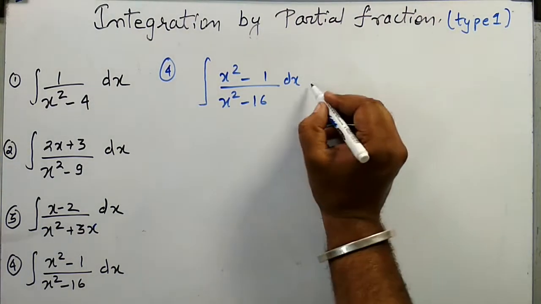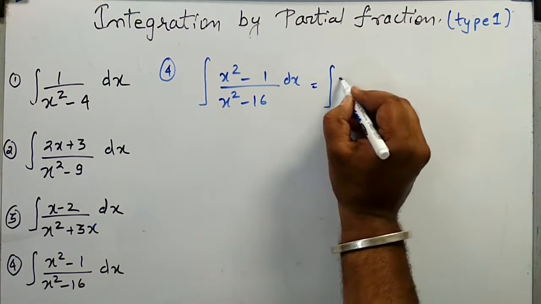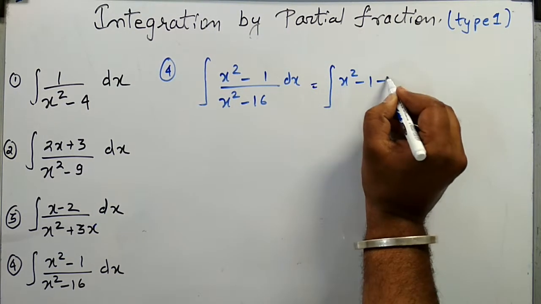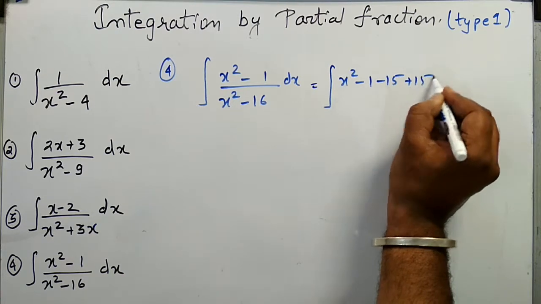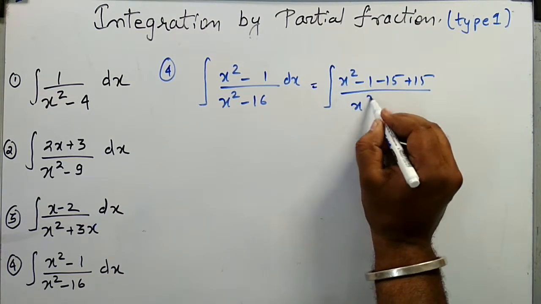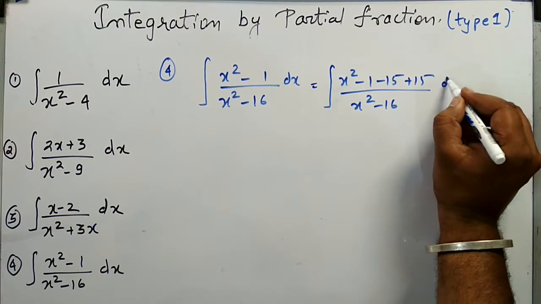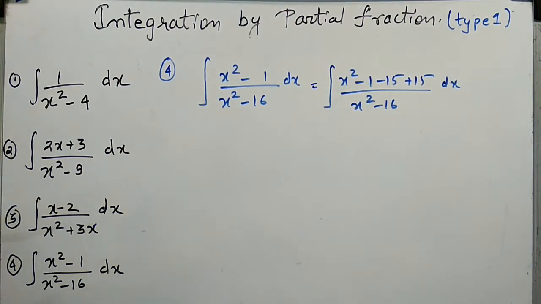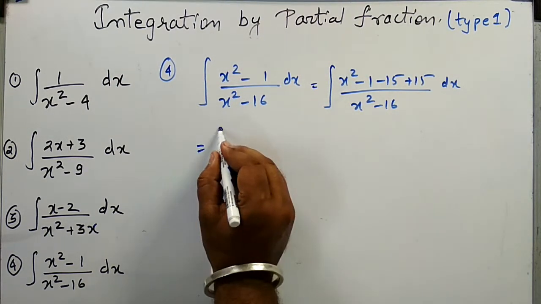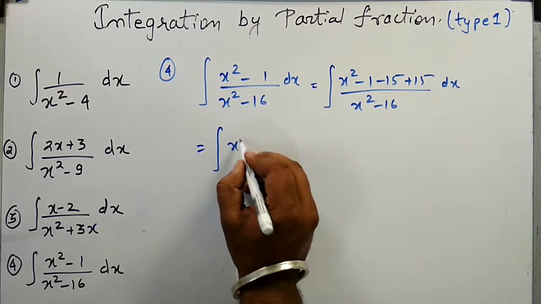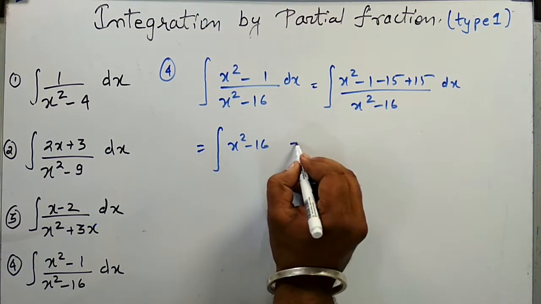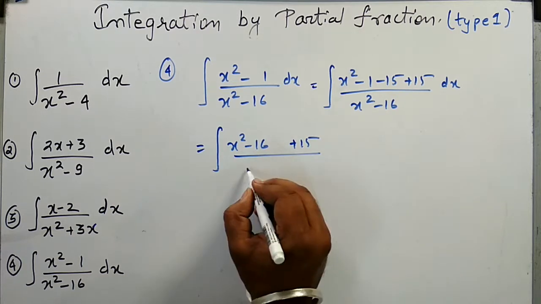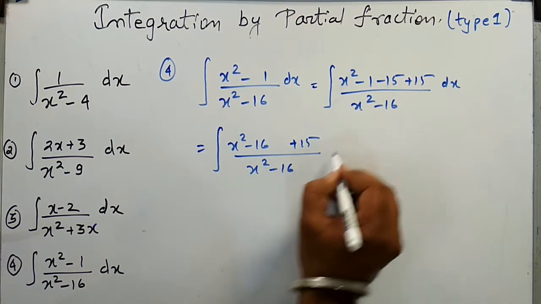Now what I'm doing here, I'm adding minus 15 and plus 15 in the numerator. This will change this expression like this. Now in the numerator you will have x square minus 16 plus 15 upon x square minus 16 dx.